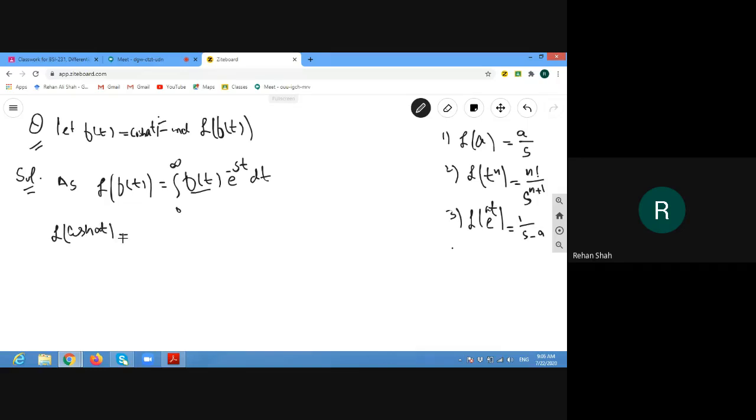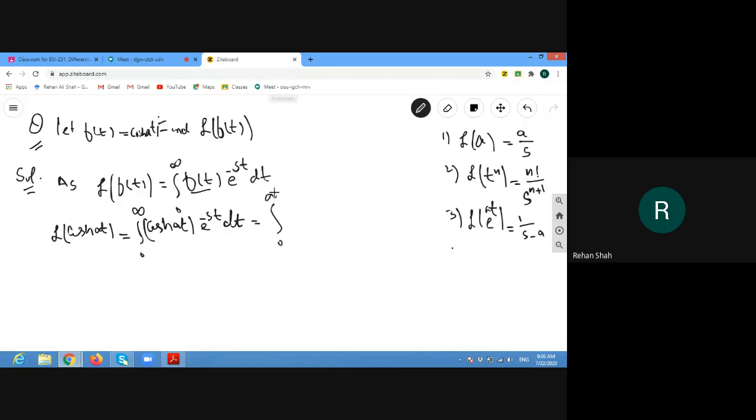So you will write integral 0 to infinity cos hyperbolic at multiplied by e power minus st dt. So what is the cos hyperbolic at?